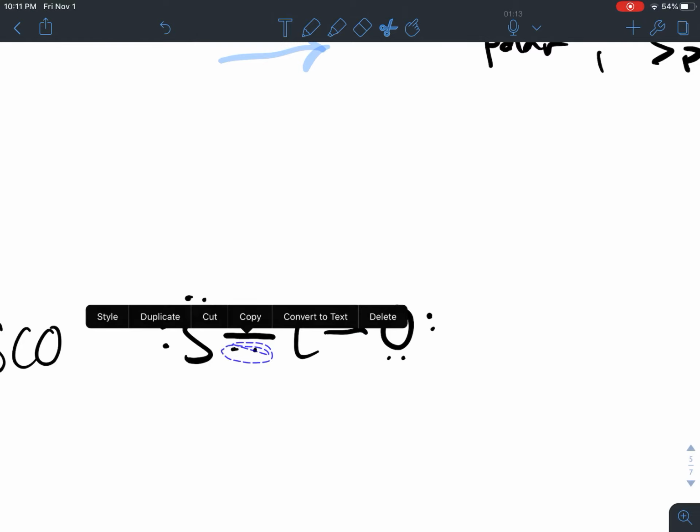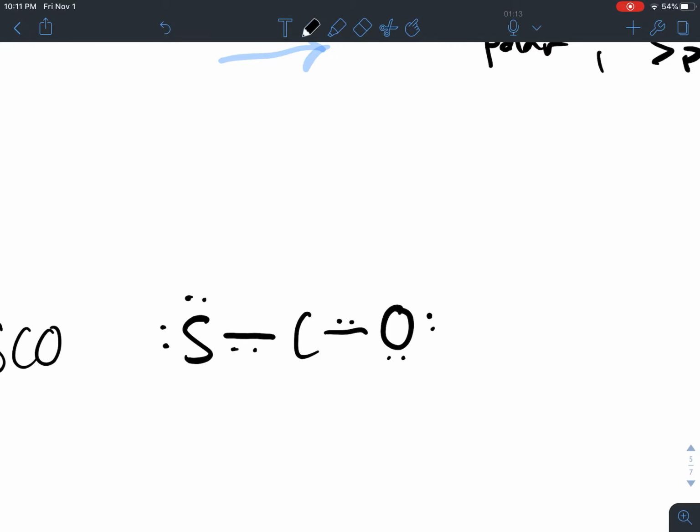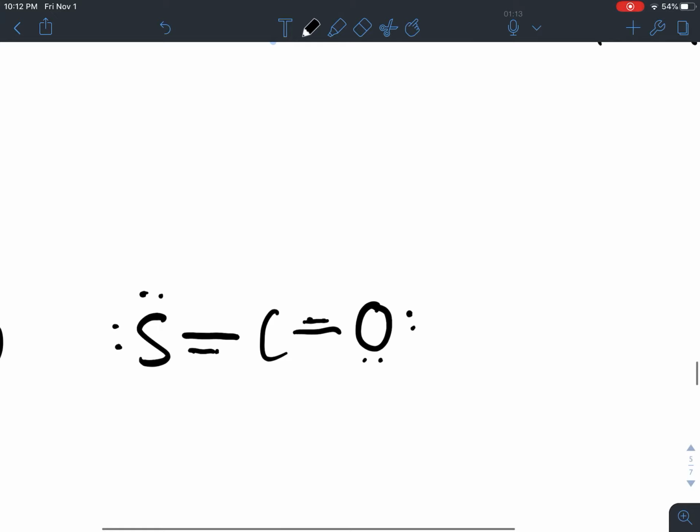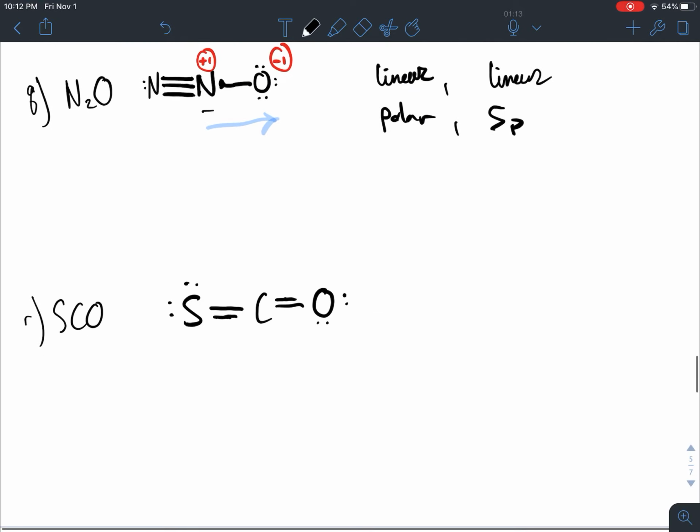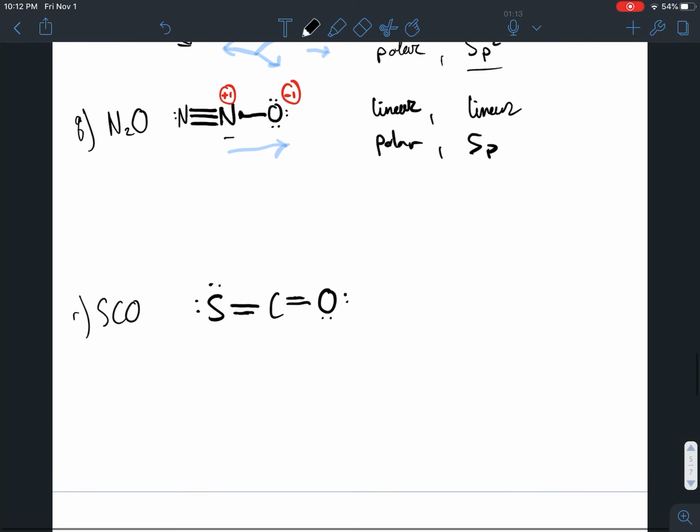These electrons go right there. They're double bonds. Okay, sulfur on the left, it wants 6. It has 6. Carbon has a 0 formal charge as well. So does oxygen. That seems very reasonable to me.